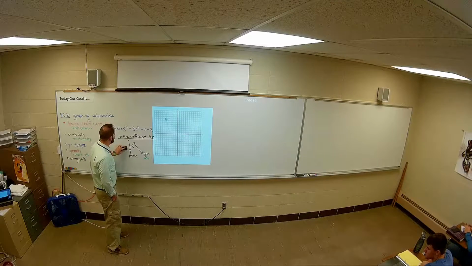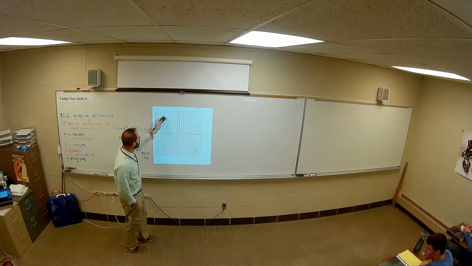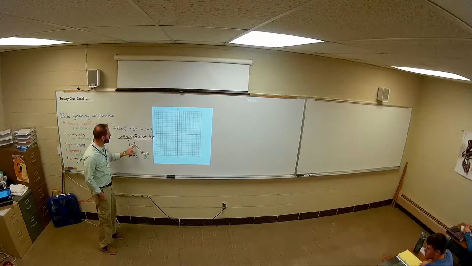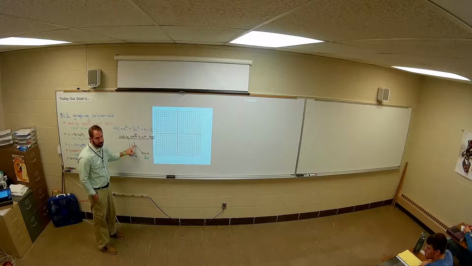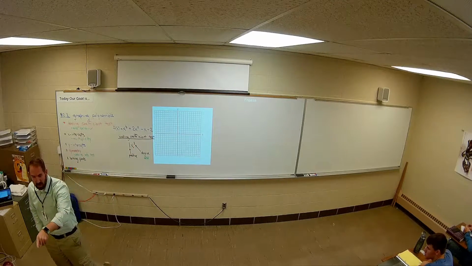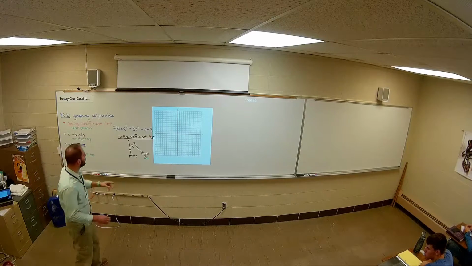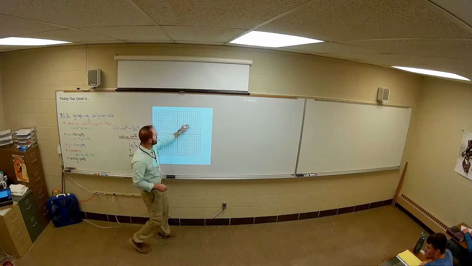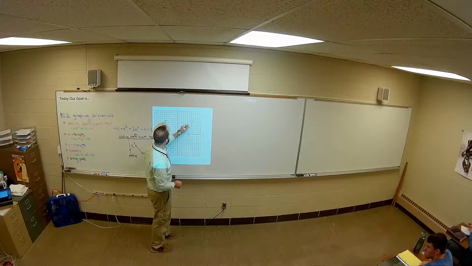Now, the one thing I didn't explain is what happens when it's even. Anyone happen to know, if this was an even power, what would happen? Yeah, the tails would go either up or down, but they go the same direction. That's the big deal. So if this was a power of 2, 4, or 6, the tails would go the same direction.